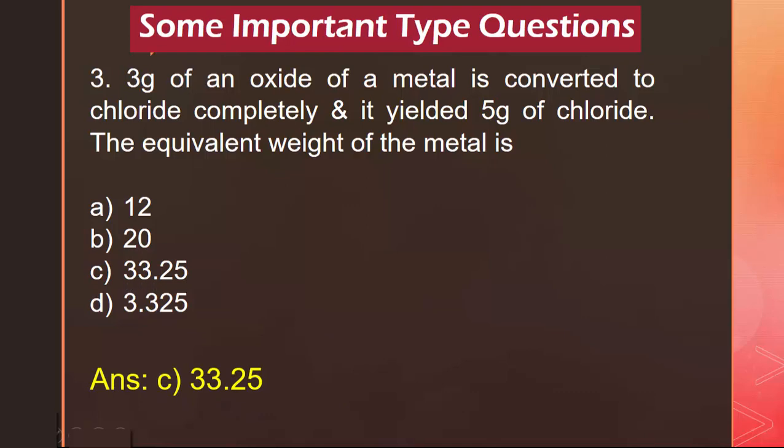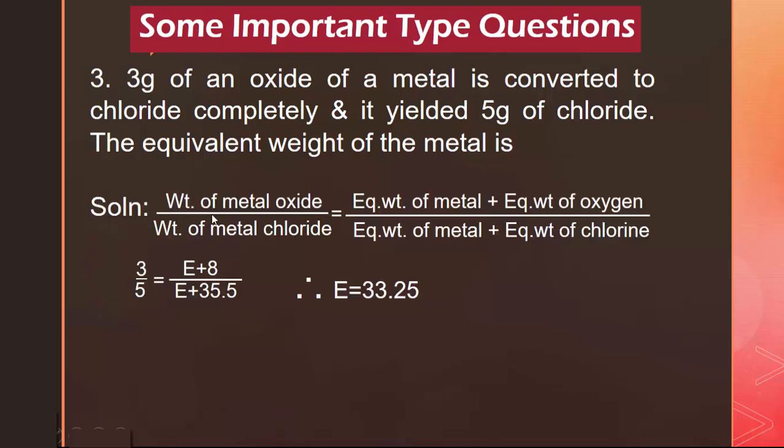Now let's see why this is the correct answer. Weight of metal oxide divided by weight of metal chloride. The metal oxide is formed by metal and oxygen, so its weight will be equal to equivalent weight of the metal plus equivalent weight of oxygen. Similarly, metal chloride weight will be equal to equivalent weight of the metal plus equivalent weight of chlorine.